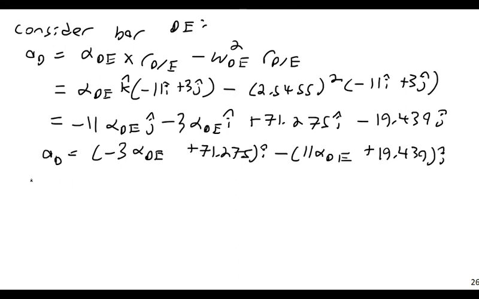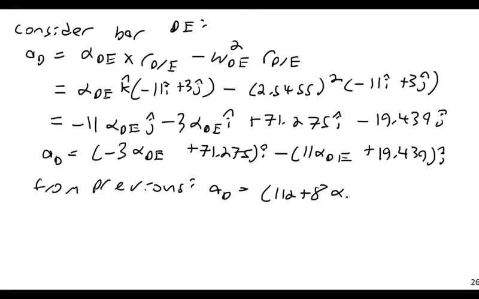On the previous page, I got that A_D was equal to 112 plus 8 alpha BD times i, plus 7.289j. I have two expressions of A_D.